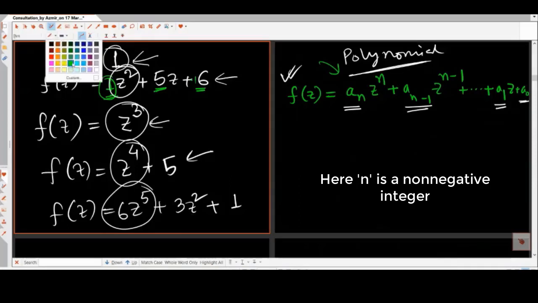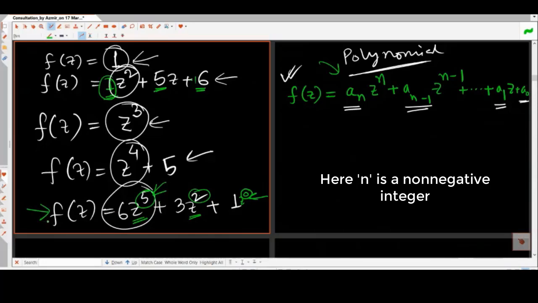You can think about this function. Here you have z power 0, z power 2, z to the power 5. So z power 0, z power 2, z power 5. The highest power is 5. So depending on this highest power, the name of this polynomial function is 5th degree polynomial function.